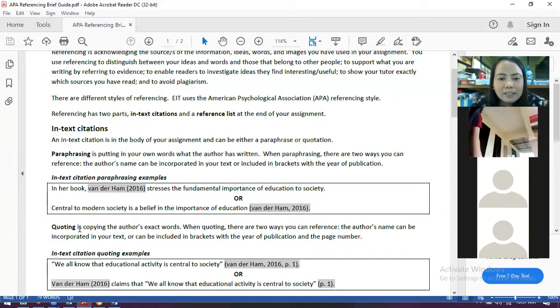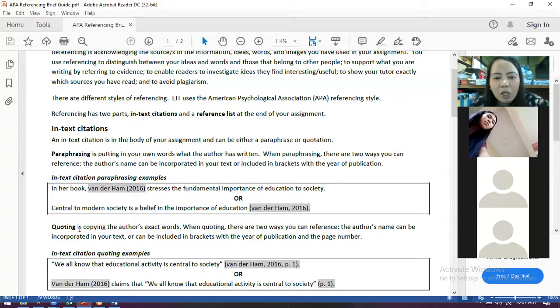Stresses the fundamental importance of education to society. So, nasa labas yung name niya. But since dito, sa second example, central to modern society is a belief in the importance of education, nakita ninyo yung Van der Ham is not included in the sentence. So, pinasok siya kasama ng year.